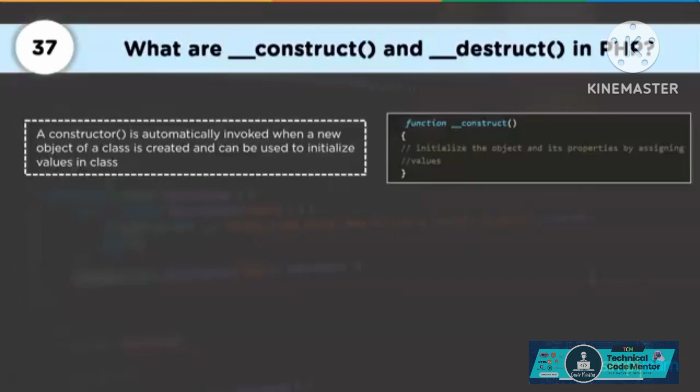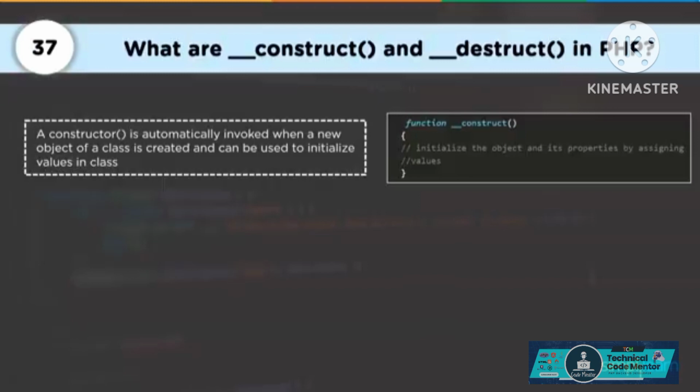Moving on, what are construct function and destruct function in PHP? So a constructor or construct function is automatically invoked when a new object of a class is created and then can be used to initialize value in class. So when you create an object for a class, a constructor function is automatically invoked.